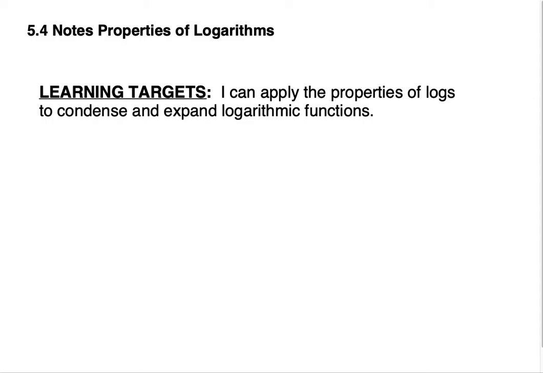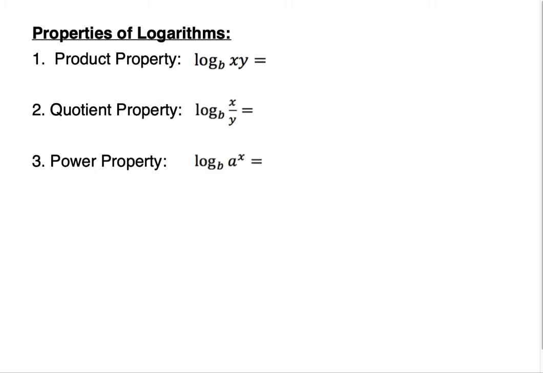Today we are going to apply the properties of logs to condense and expand logarithmic functions. So we have some properties of logs. The product property says that log base b of x times y becomes log base b of x plus log base b of y.